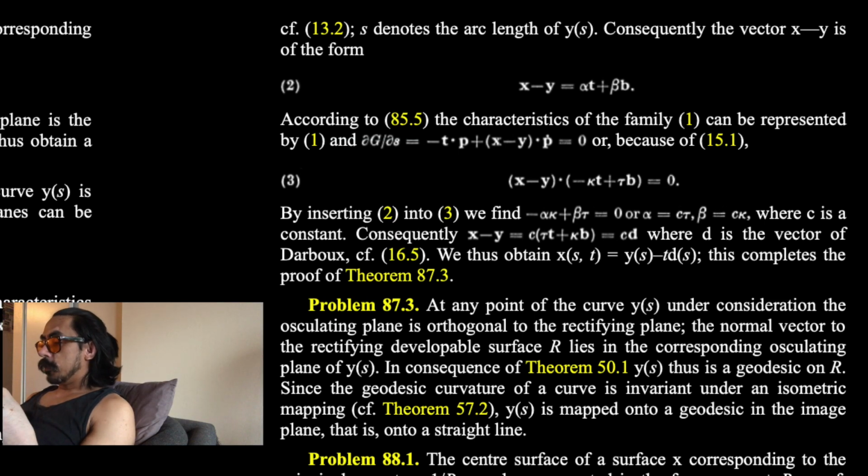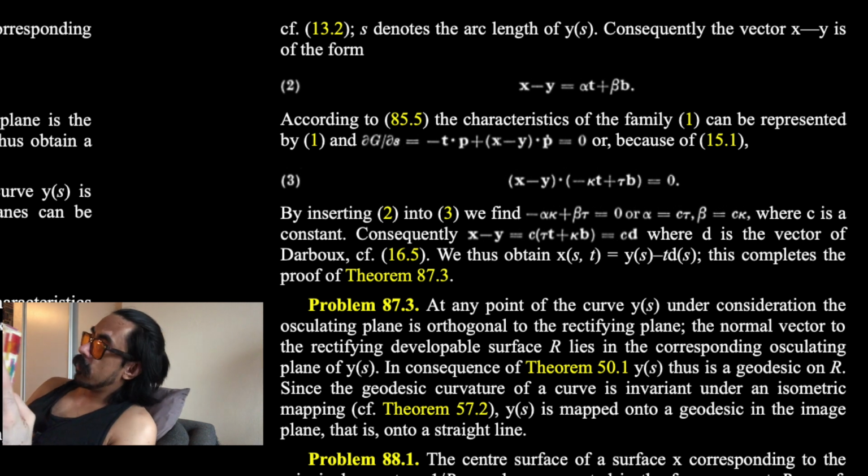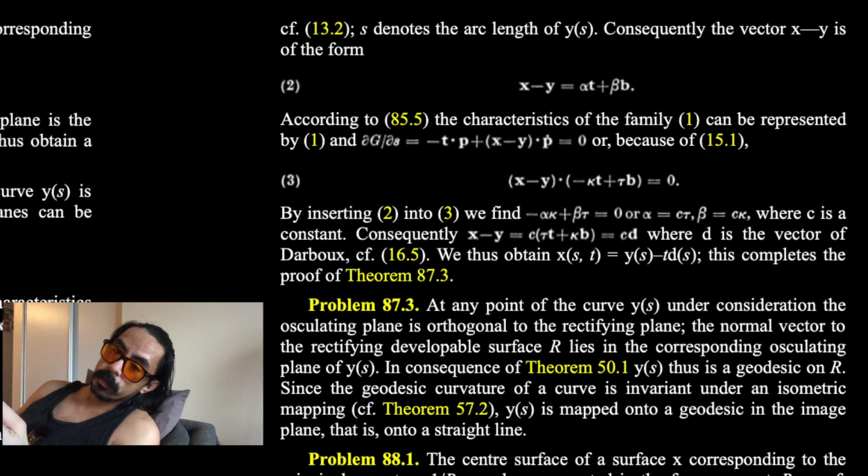According to the definition for the characteristic of an envelope of a family of surfaces, the characteristics of the family, which we're talking about in this problem, which is the proof of theorem 87.3, can be represented by that function capital G in terms of x and s being equal to 0.